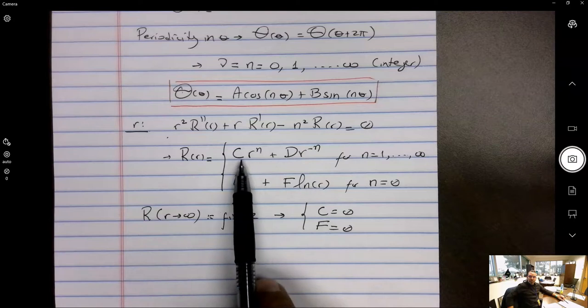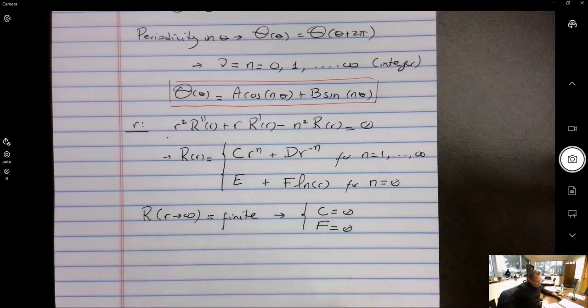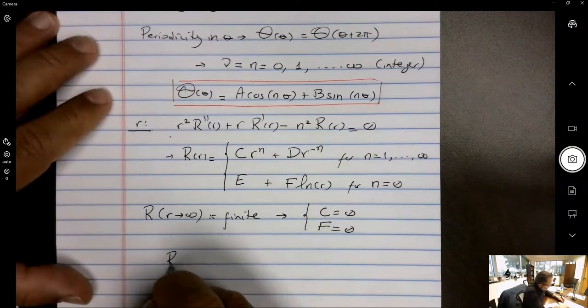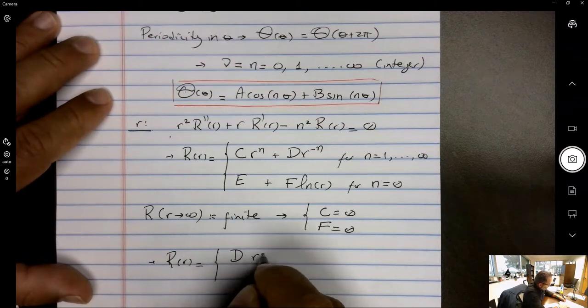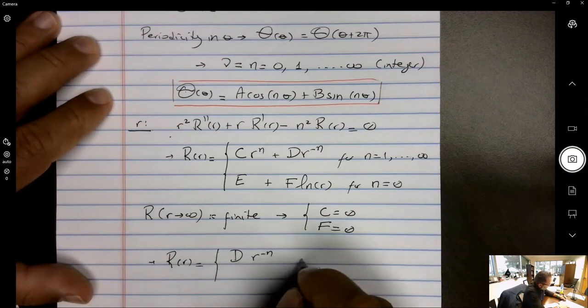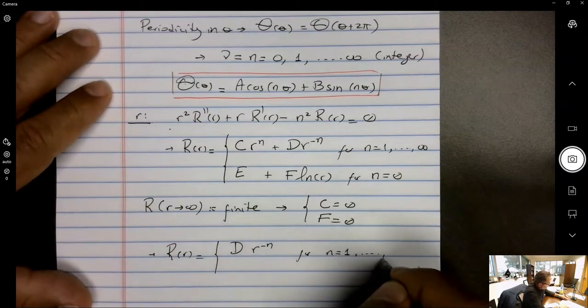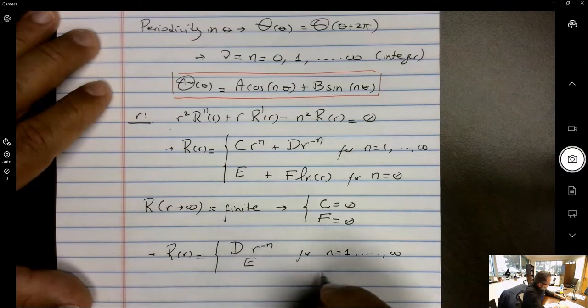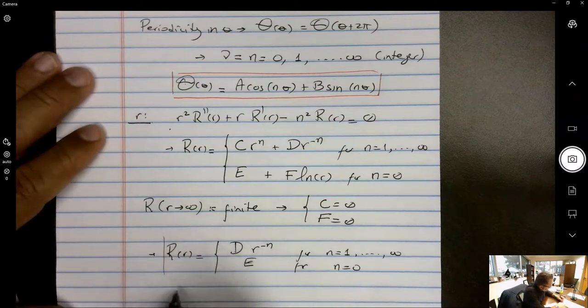So this goes away. This will make c equal to 0 and f equal to 0. We'll cancel out this one and this one. So basically, R of r reduces to d times r to the minus n for n greater than 0, or e for n equal to 0. So that's the solution in the r direction.